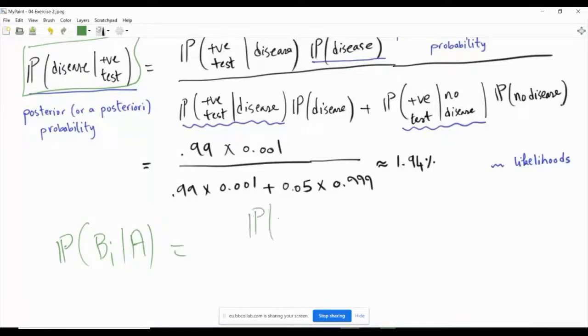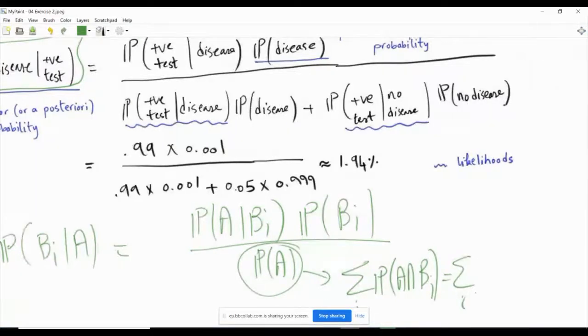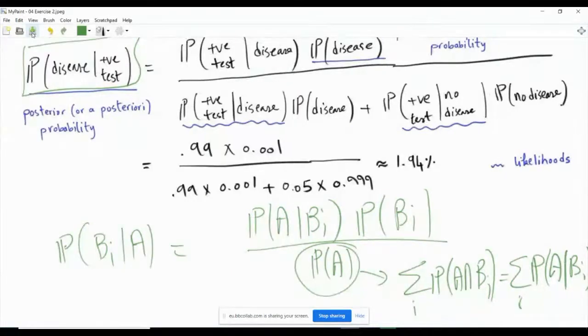This is the probability of A given I, times the probability of I. Then we divide by the probability of A, and the probability of A can be written as a sum of probabilities of A intersection I, and this can be written in terms of the conditional probabilities, probability of A given I, probability of I, like this. Okay, so this is our friend here again, because this is the way to go.